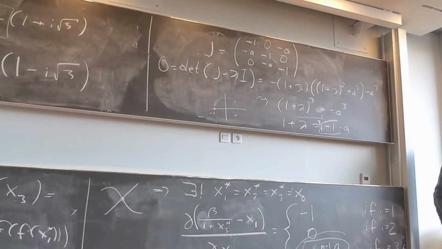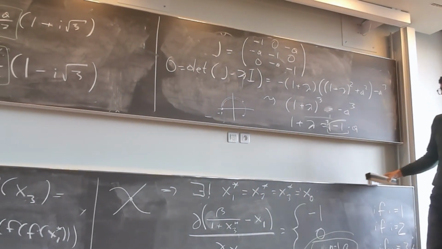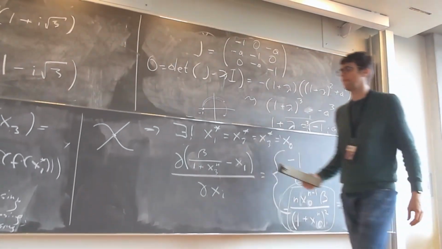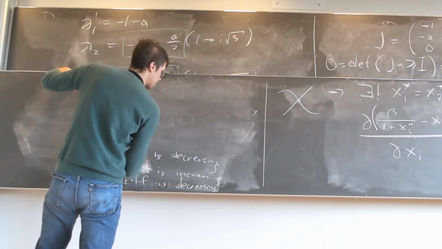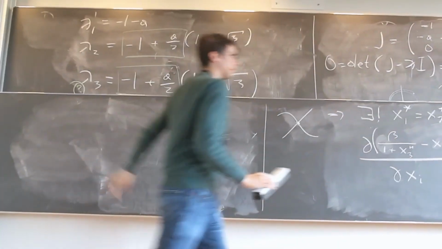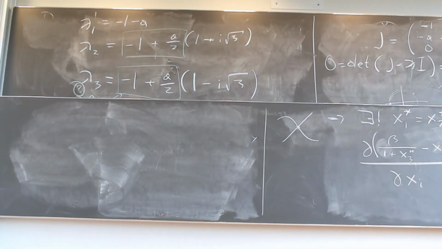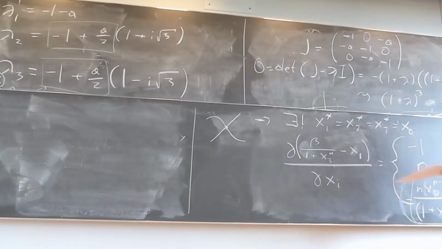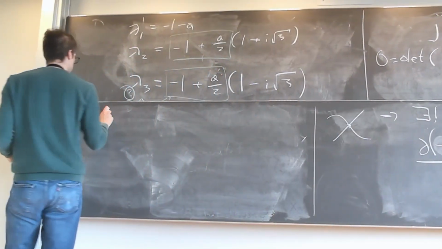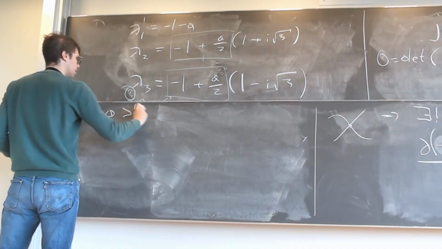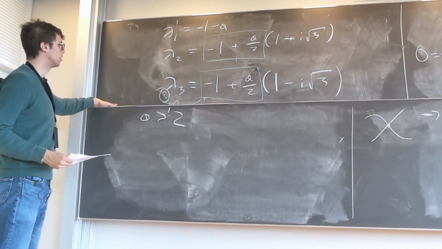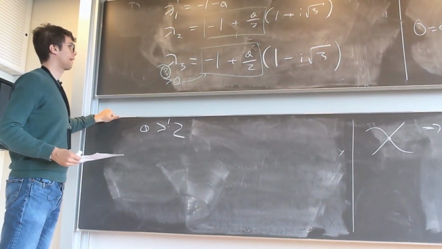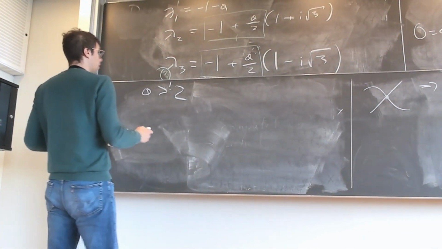So let's look at what is needed for this to be bigger than 2. Now, of course, we have to go back to the defining equation for A. So we do need A bigger than 2. That's when this thing is positive. Okay, so what does this mean?